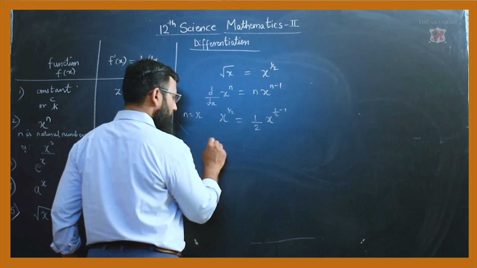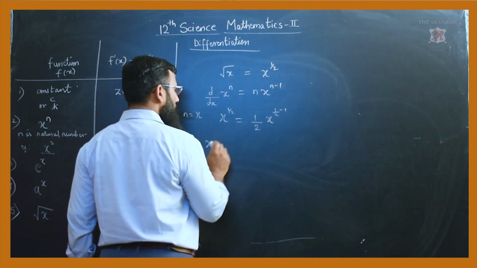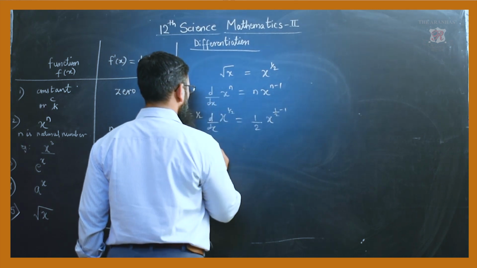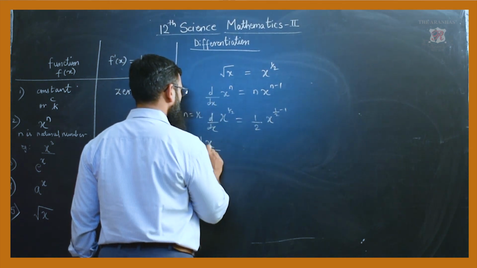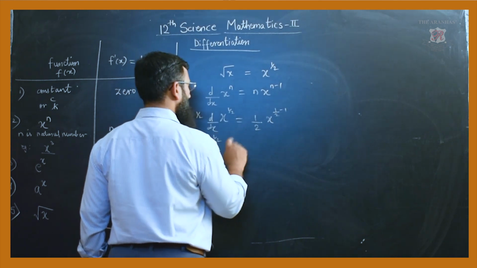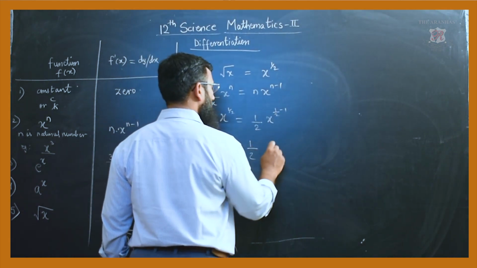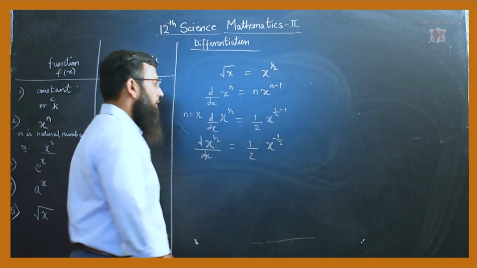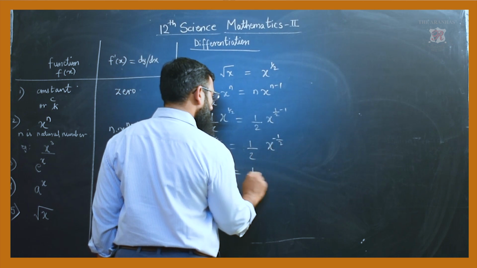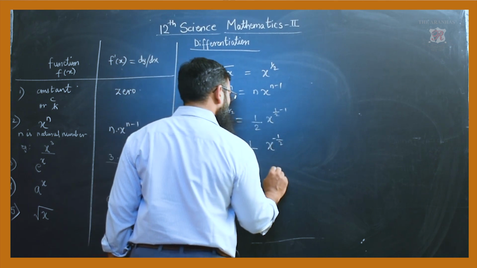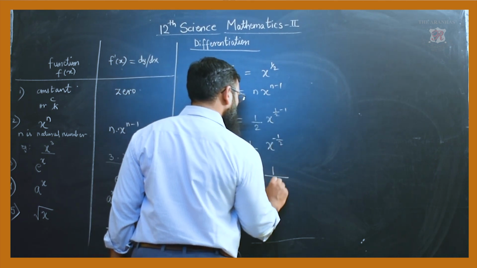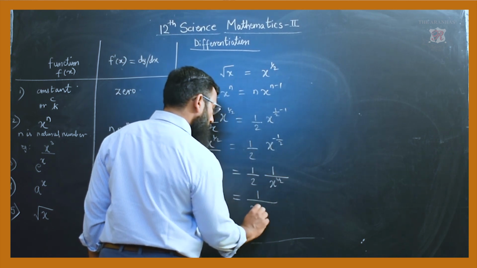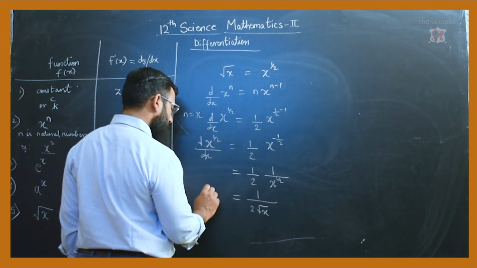Then this can be written as half x raised to minus half. Now this x raised to minus half, when it goes in the denominator, will become 1 upon x raised to half, which is 1 upon 2 root x.